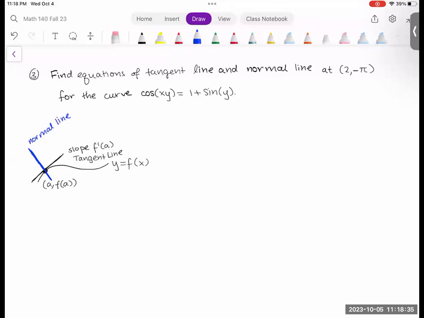If we have a pair of perpendicular lines, their slopes always multiply to give you -1. So the slope of this is going to be -1 divided by f prime of a.